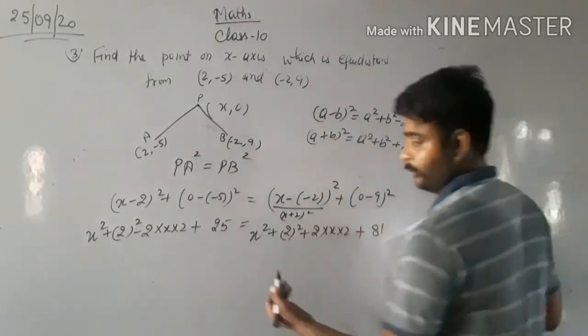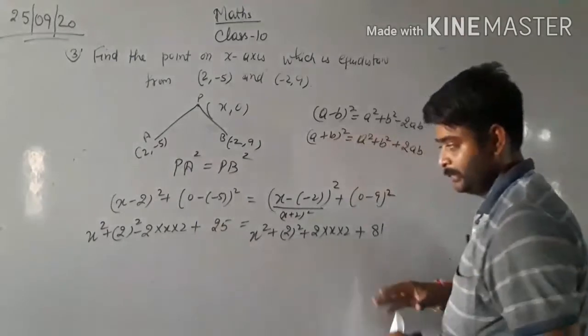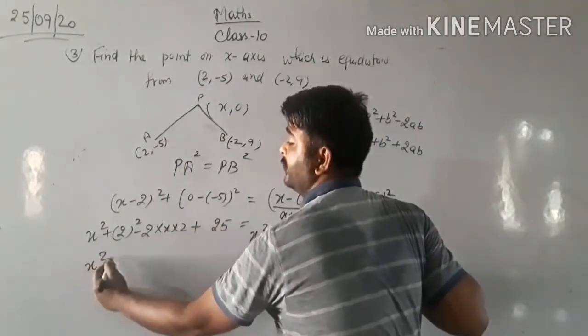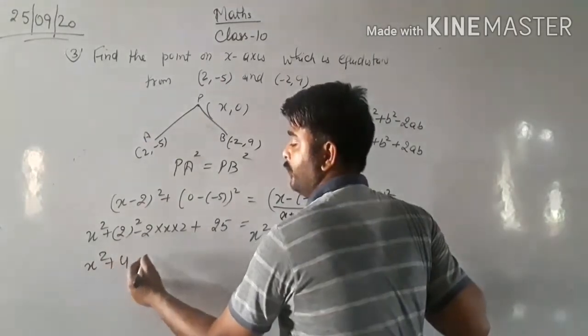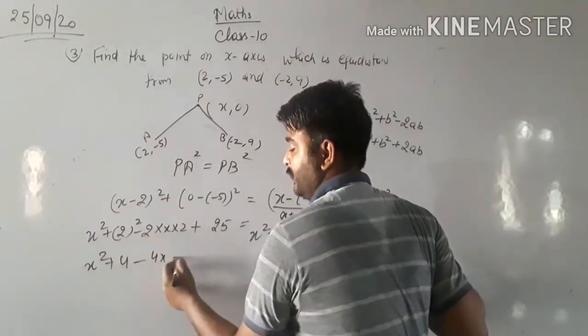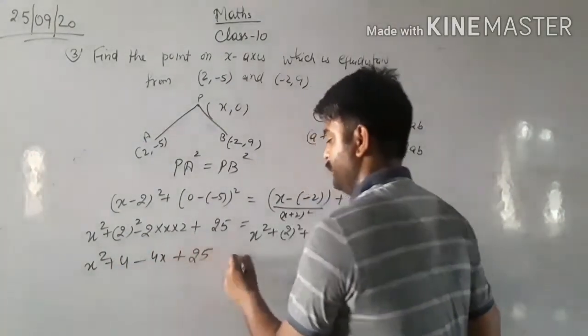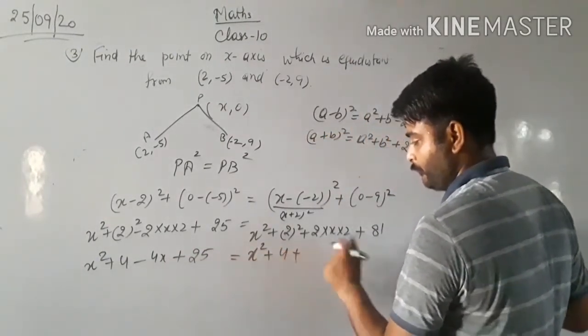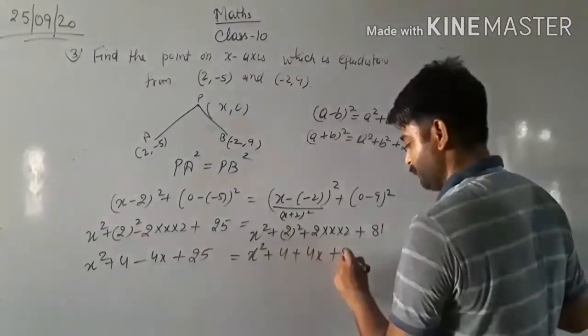Now what is here, class? Look at the board, I am simplifying it. First of all, square of 2 is 4, so x square plus 4 minus 4x plus 25 equals x square plus 4 plus 4x plus 81.